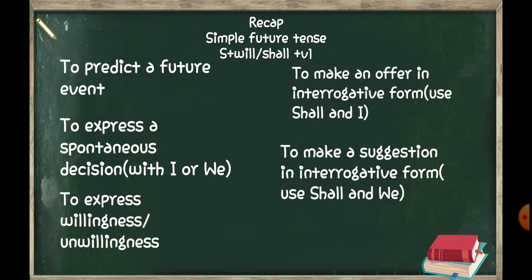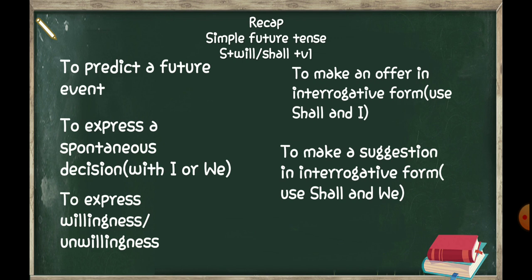So now see the situations. We use this to predict a future event. So to express your guess that this will happen in future, to express your prediction, you can use this tense. Then to express a spontaneous decision with the subject I or we. So at the moment of speaking, you take a decision and you utter this.